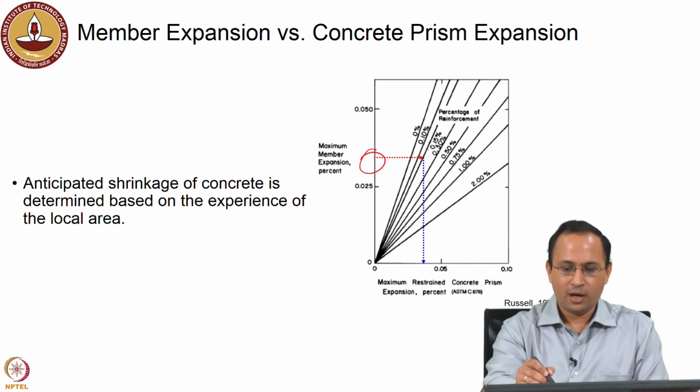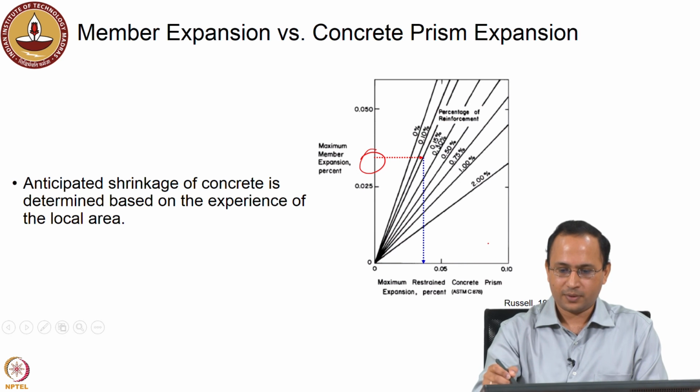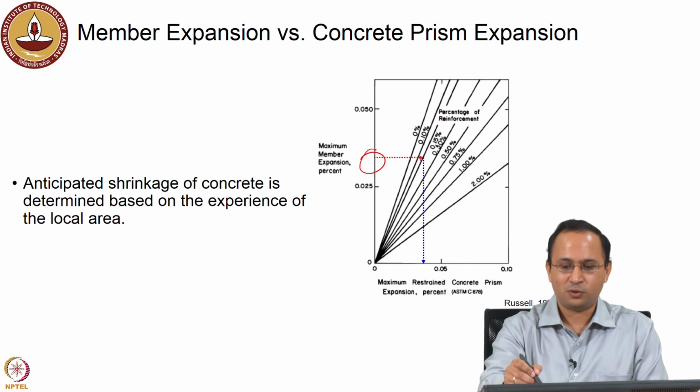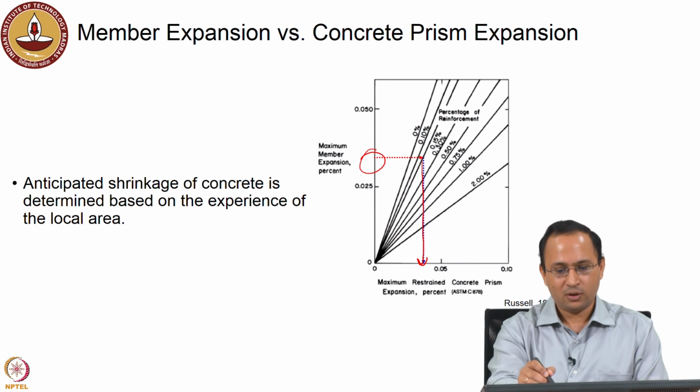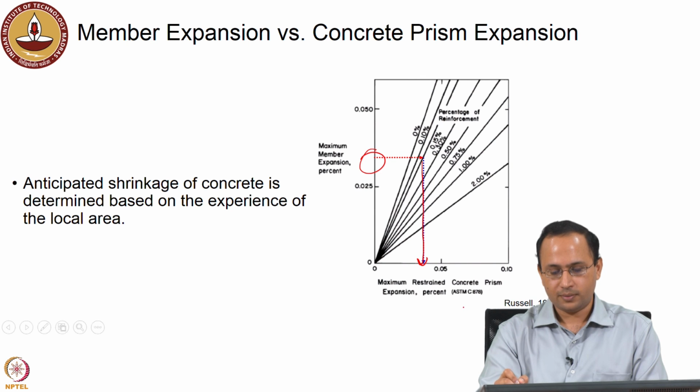Now, this is the curve where, based on the percentage of reinforcement, you can calculate how much expansion you want in the maximum restrained concrete prism. So, based on this you can calculate the maximum expansion in the restrained concrete prism.